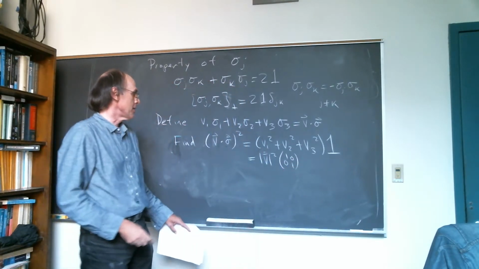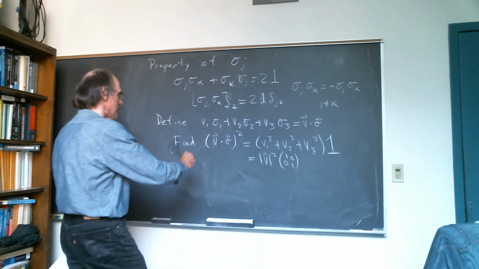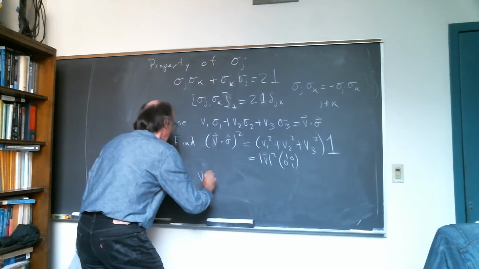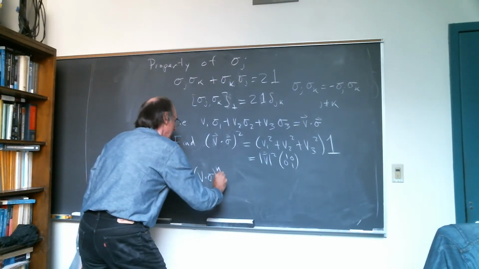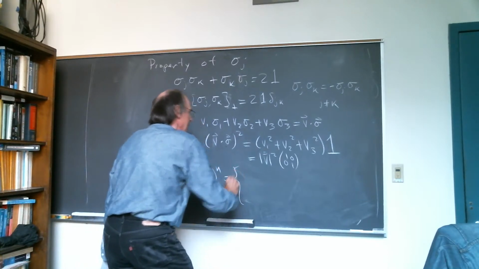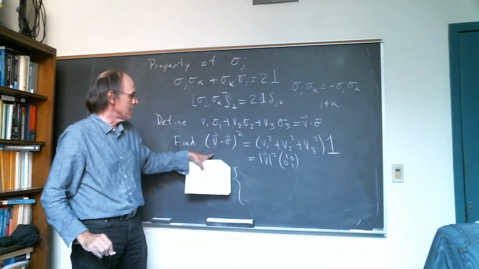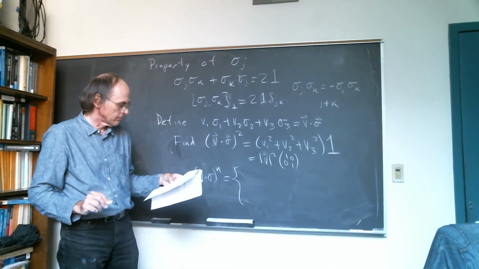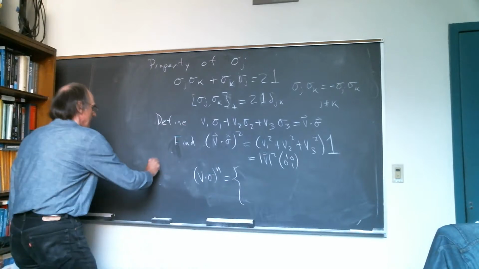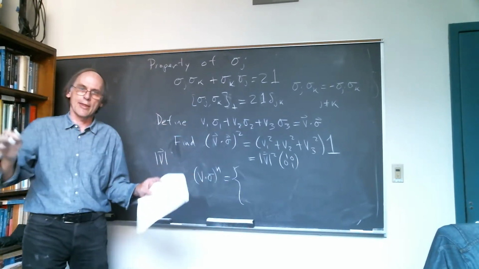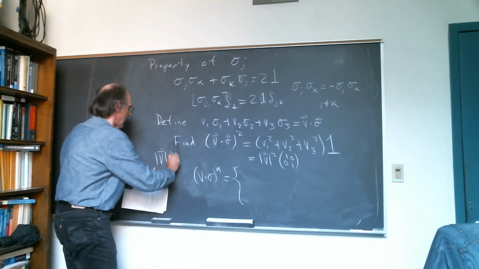So powers of this, to the n, are equal to... let's get rid of the problem of the length of the vector and take vectors of length 1.